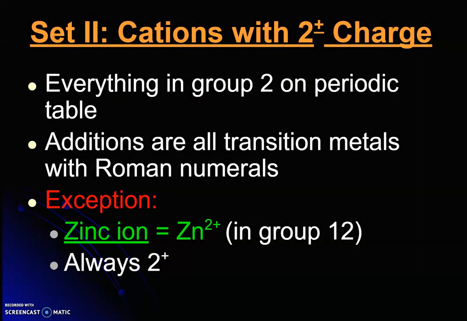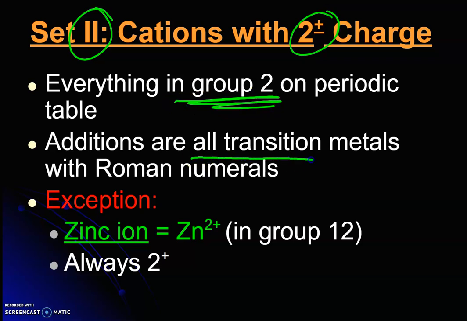All right, next we have set 2. All the set 2 ions are a 2 plus charge. That means everybody in group 2 on the periodic table. Everybody else is a transition metal with those Roman numerals. The other exception to the transition metal rule is going to be zinc.